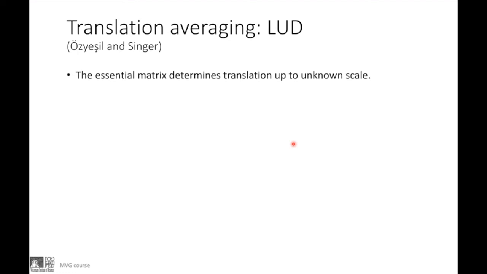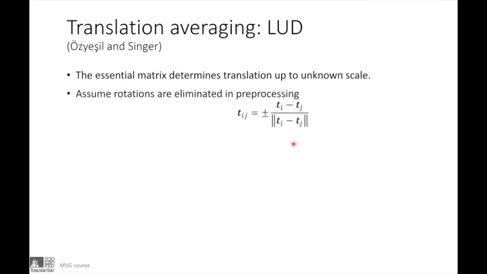So when we do translation averaging, we also have to figure out the scale factors. Now let's assume that the rotations are already solved for. So now there is only translation between the images. Okay, that's what is done in LUD.